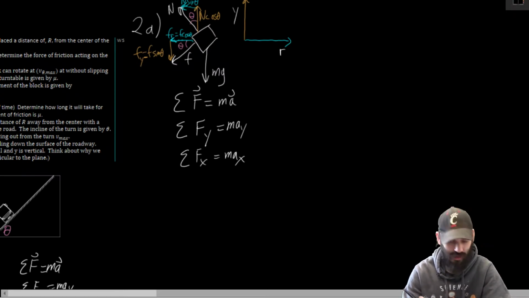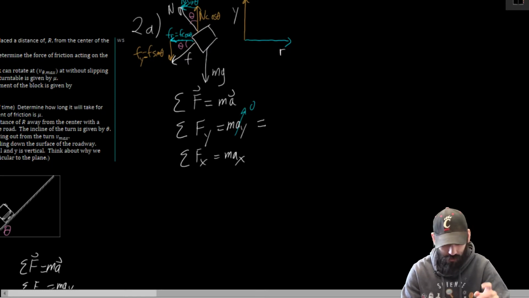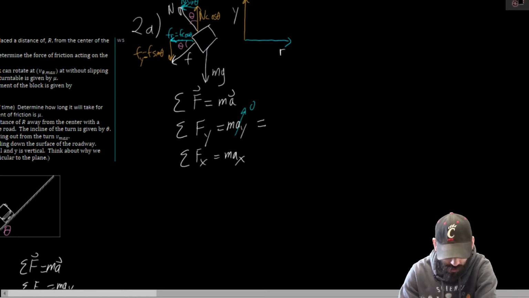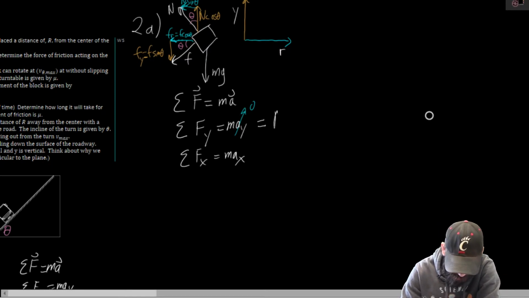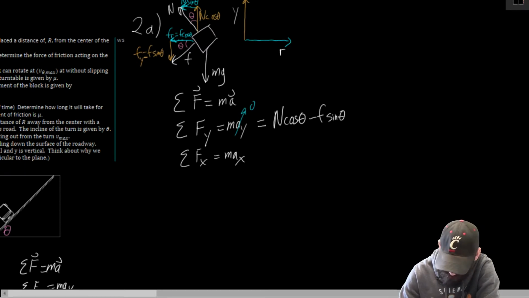It's fixed, it's stationary. So that means this is 0, and this is also equal to, reading off the forces in this direction, n times cosine of theta from our triangle for the normal force, minus F sine of theta, minus mg, which is equal to 0.